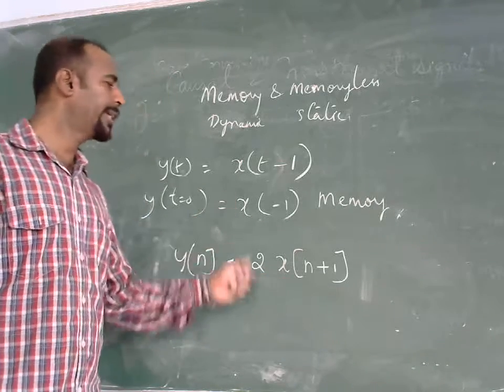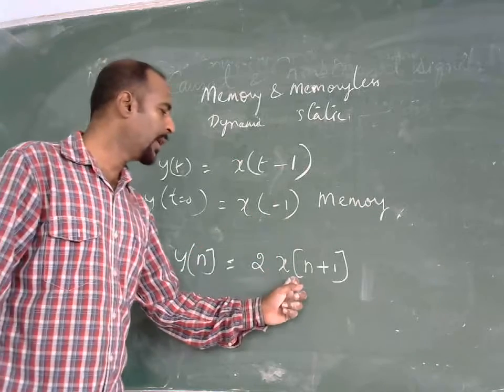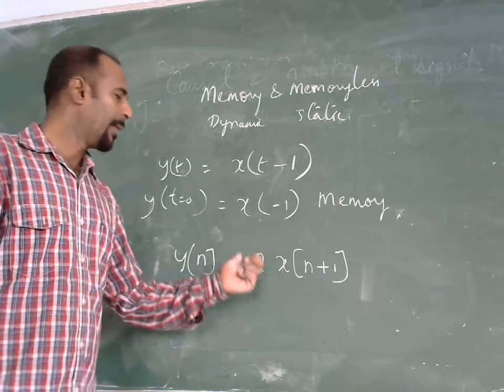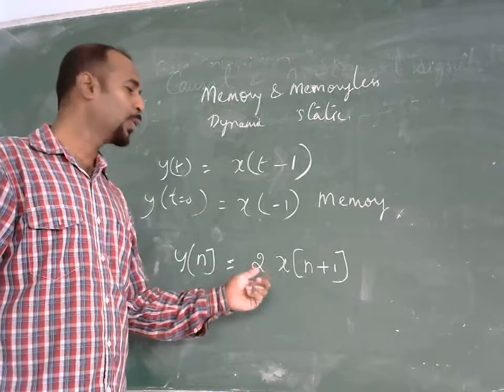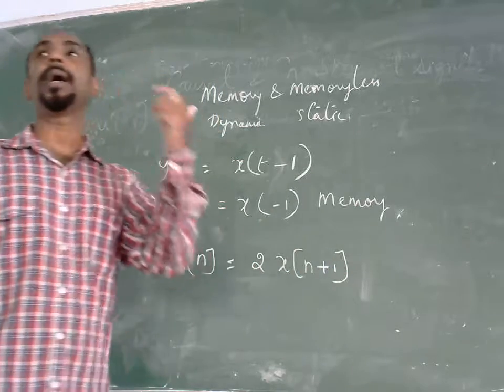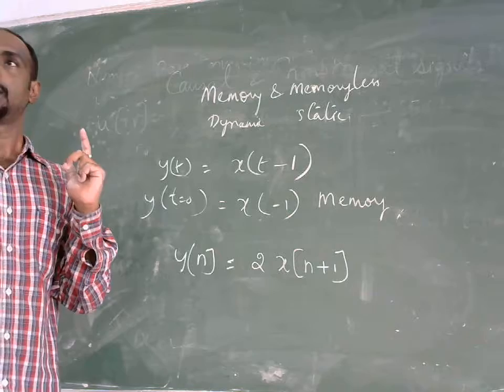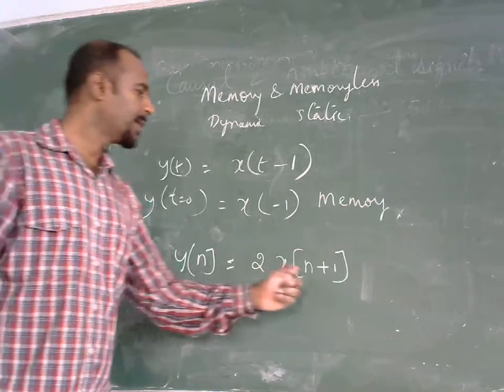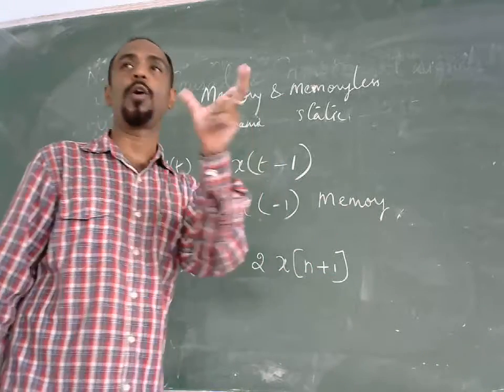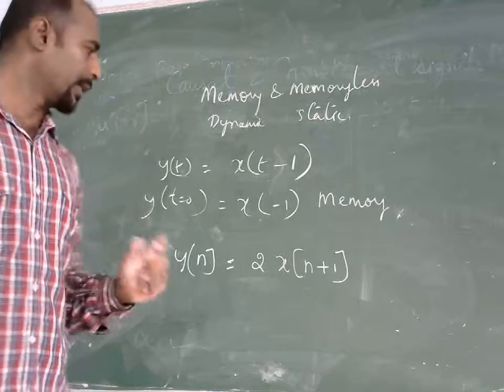What does the T operator do? It took the signal x of n, multiplied it by an amplitude 2, and advanced the signal by 1 time unit. Those are the operations performed by the T operator.